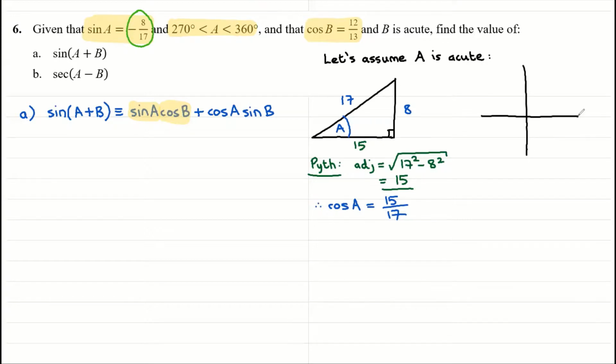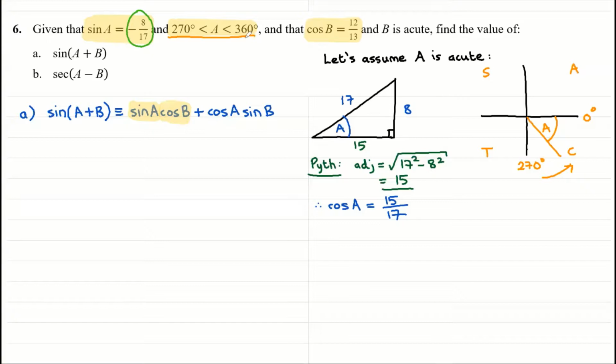Okay, so let's just label a few things here. So we've got C, A, S, and T, like that. And let's decide which quadrant we're going to put our A in. Well, it's between 270 and 360. So if we start at 0, of course, 270 is here, and then you get back round to 360, so it's going back to 0. So you're going to put your angle in there. We're in the C quadrant.